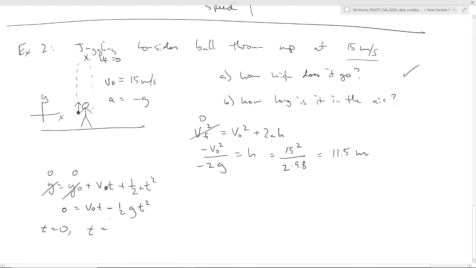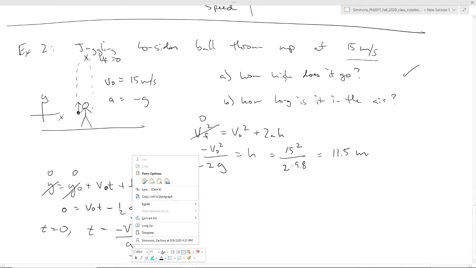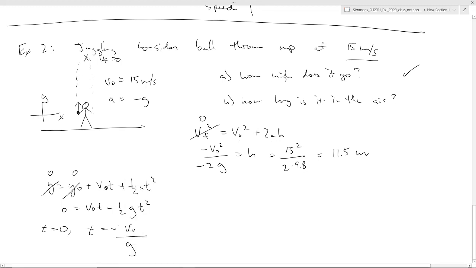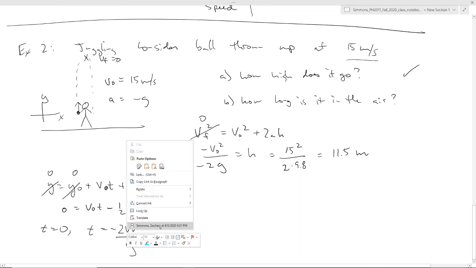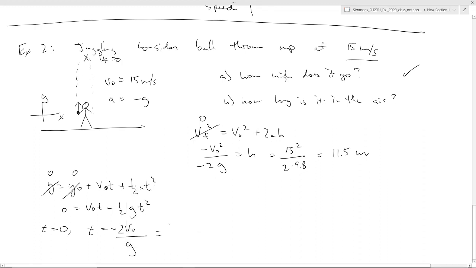And then the other, if we solve this for t, what do we get? We would get negative v naught divided by g. There's a factor of 2 here as well. And if we put these numbers in, g is negative as well, so we'll get a positive number.